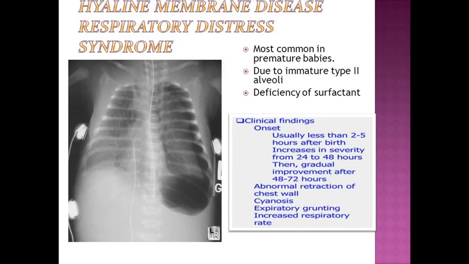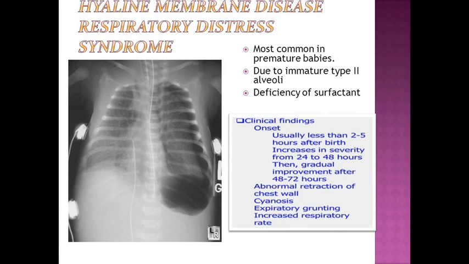But in a normal person, this collapse of lungs during expiration is prevented by a lipid that lines the lung surface. This lipid is called surfactant. Surfactant in a fetus is formed during 32 to 34 weeks of pregnancy.